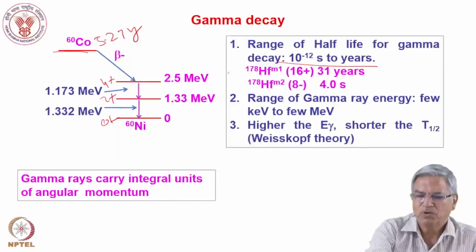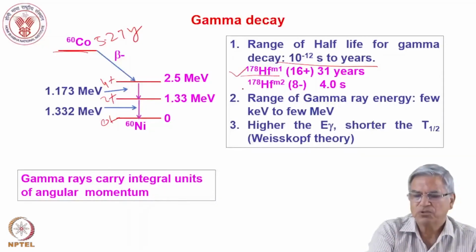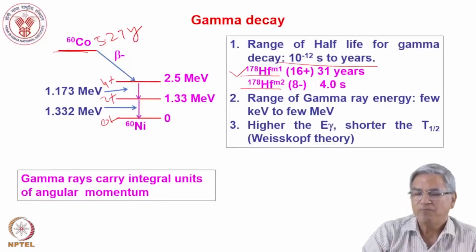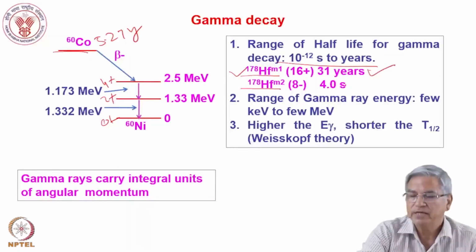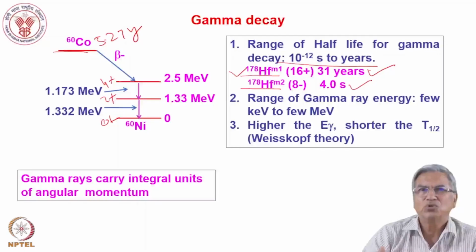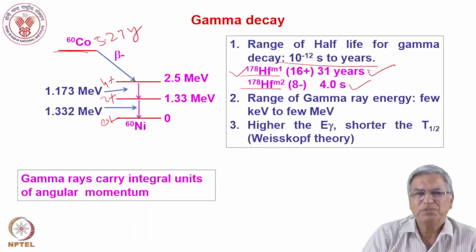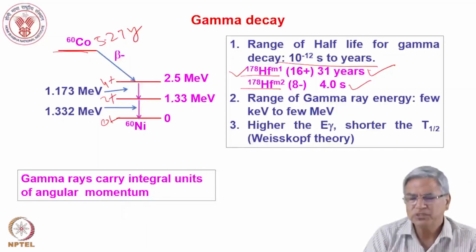So for example, 178 hafnium has got in fact two isomeric states, M1 and M2, and the half-lives are 31 years and let us say 4 seconds. So the half-life essentially depends upon the change in the angular momentum associated with the gamma decay. So half-lives of gamma decay can be from 5 picoseconds to years.